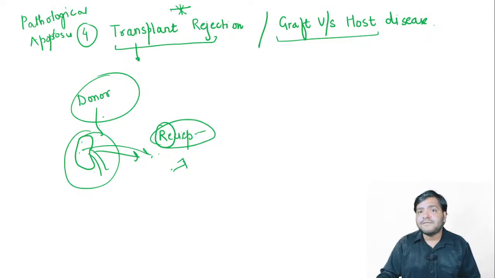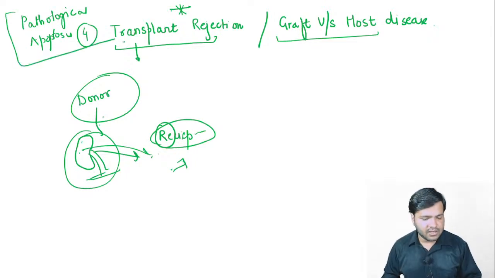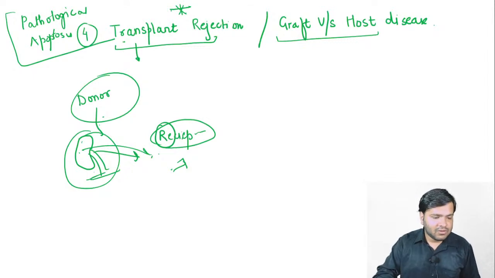So that is graft versus host disease. So I'm trying to say that whether the organ is rejected by the host body, or we have transplanted an organ that is a threat to the host body and is not matching, in either case apoptosis will take place, and it is pathological apoptosis.